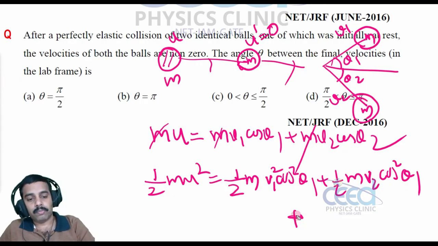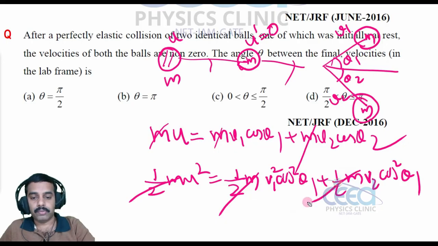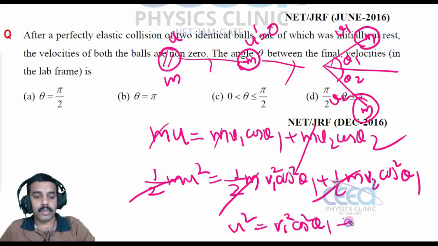Sorry, there is no cos term here. Half m, half m, half m cancel, so u square is equal to v1 square plus v2 square.